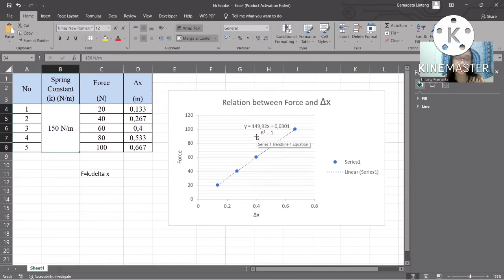And based on this analysis, we can find the relationship between force, change in spring length, and spring elasticity constant, which can be written as: force or F equals K, the spring constant, times delta x, the displacement value of the spring.